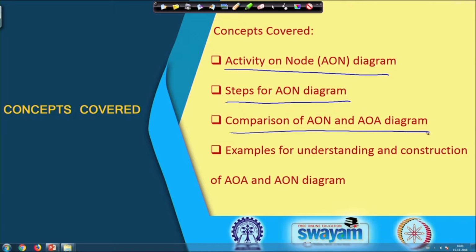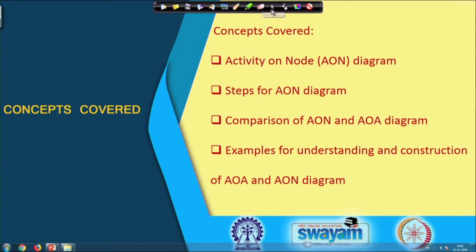Then we will compare the activity on node diagram with the activity on arrow diagram, and we will understand some examples of mining and construction. With some examples we will understand the constructional difference of activity on arrow and activity on node diagrams. So, this lecture is also another very simple lecture.